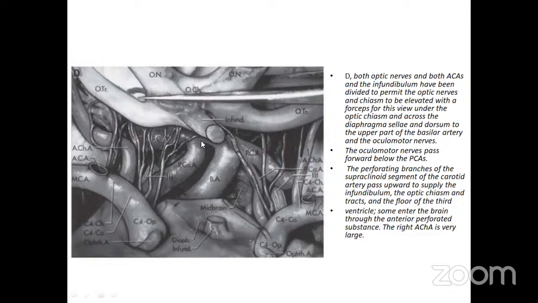Also, we can appreciate that this is the basilar artery that is divided into the PCAs. This is the right side PCA, this is the left side PCA, and this is the posterior communicating artery. It joins the PCA and the communicating segment of the ICA.